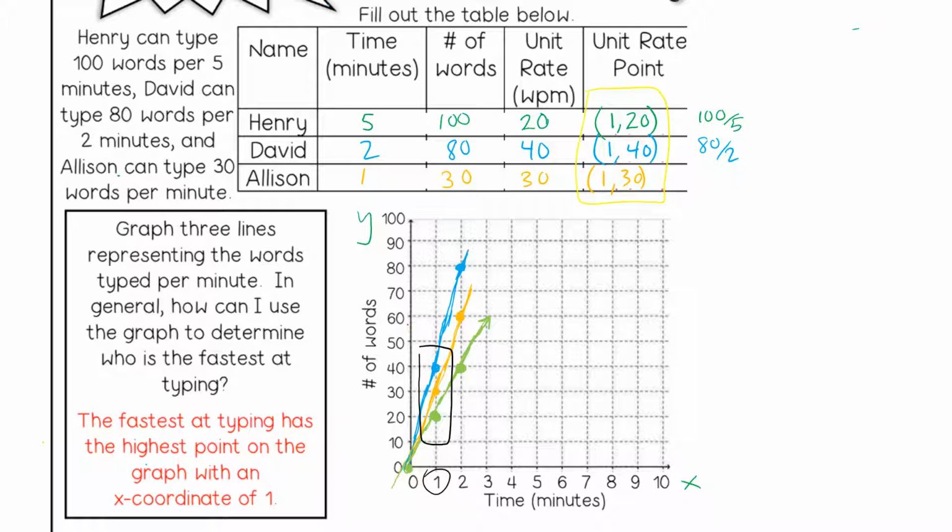David is the highest right there. So David is the fastest at typing because he is at 40 words per minute while the other 2 are less words per minute. There you go.